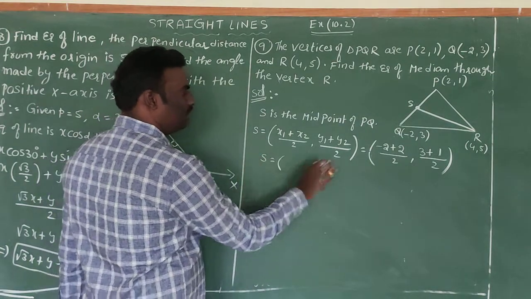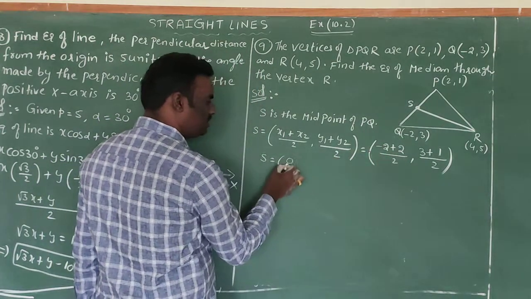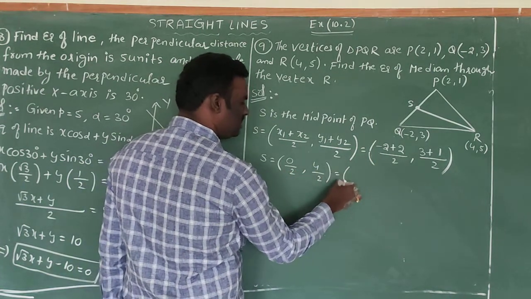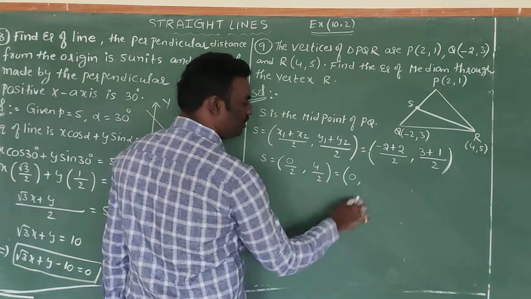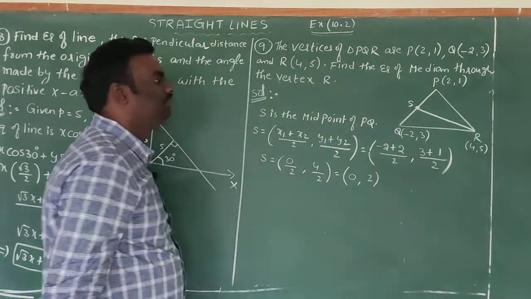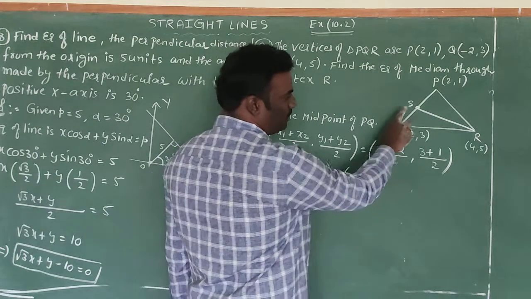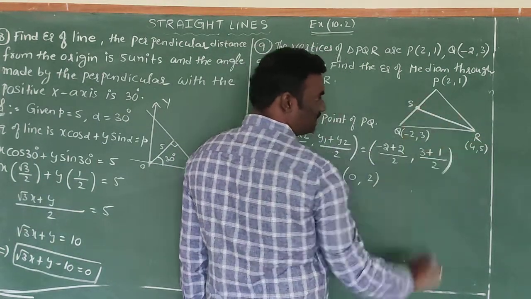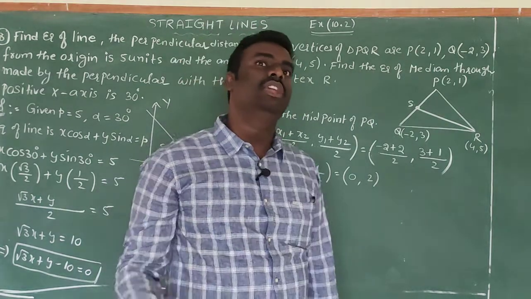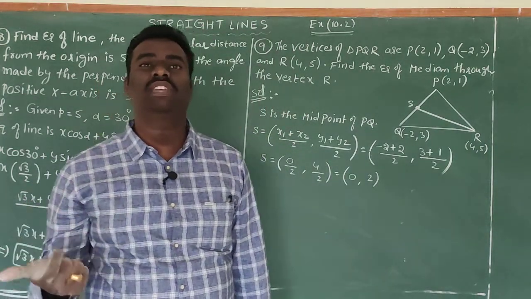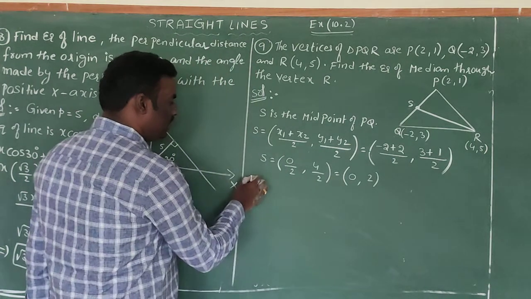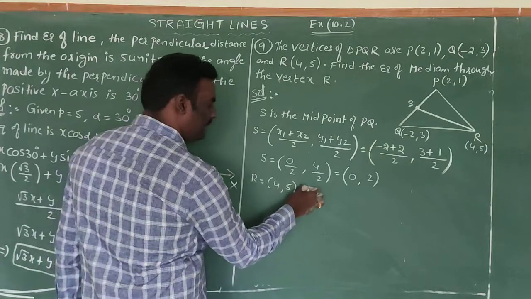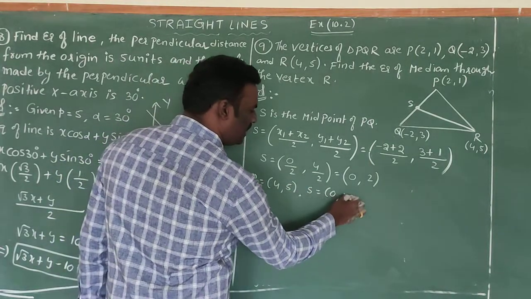Therefore S is equal to -2 plus 2, that is 0 by 2, and 3 plus 1, 4 by 2. 0 by 2 is nothing but 0, 4 by 2 is nothing but 2. Finally, we know the S point. Already R is given, so finally we know R and S. How many points? 2 points. If you know 2 points, which formula do we use? The 2-point formula. Therefore R is equal to (4, 5) and S is equal to (0, 2).